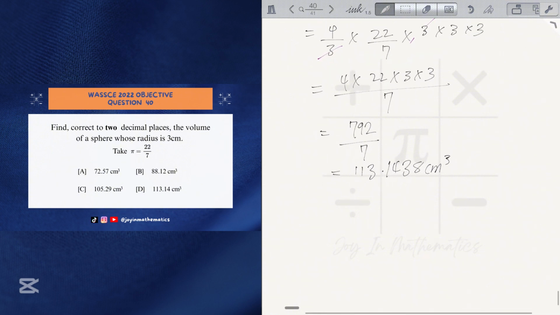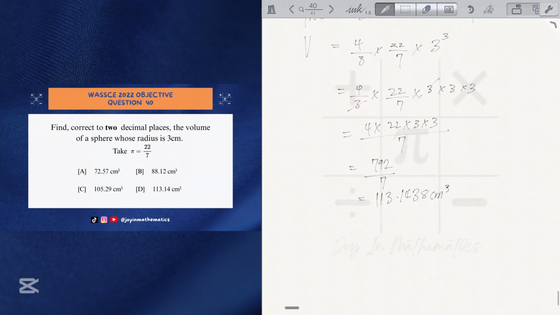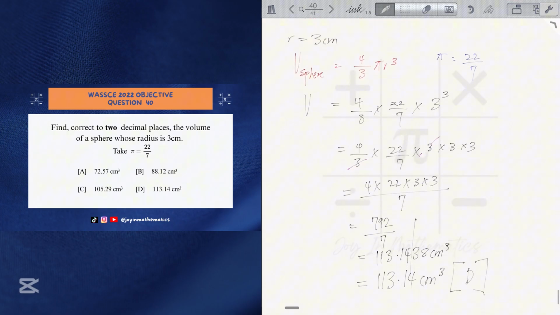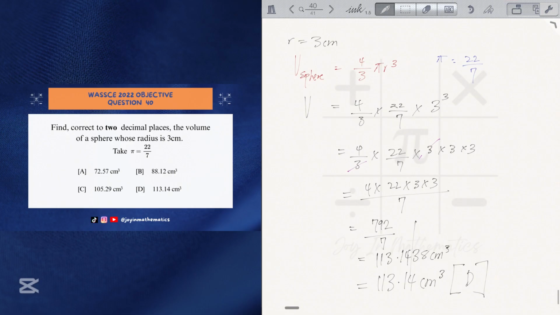Now, the question says we should correct to 2 decimal places. So we have to correct this to 2 decimal places, which is at this point. So we'll have 113.14 centimeter cube, equivalent to option D. All we just did is to apply the formula for the volume of a sphere.